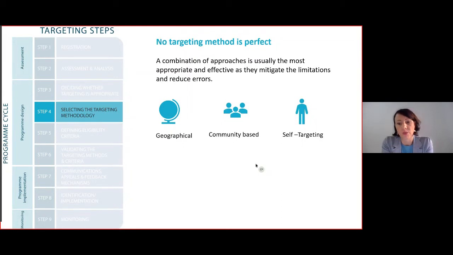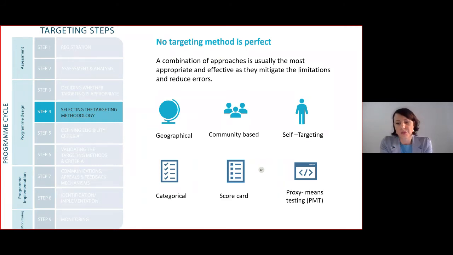This works well when we have communities that are very cohesive and know the situation very well, usually smaller communities. We can also have self-targeting, when a household or an individual defines itself as in need and applies for a specific program or intervention.